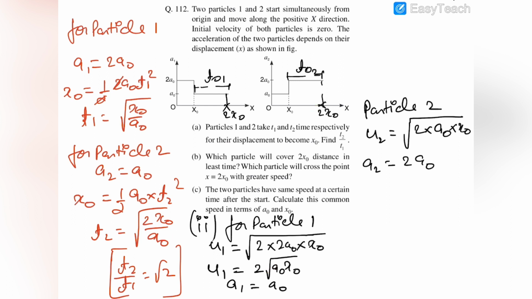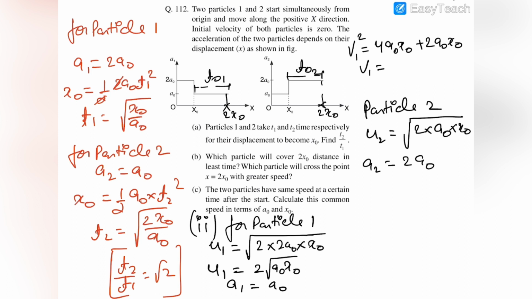Now let us find out the velocity with which they will cross this position 2x naught. So v1 square will be equal to u1 square, which is 4a naught x naught, plus 2a naught into x naught.